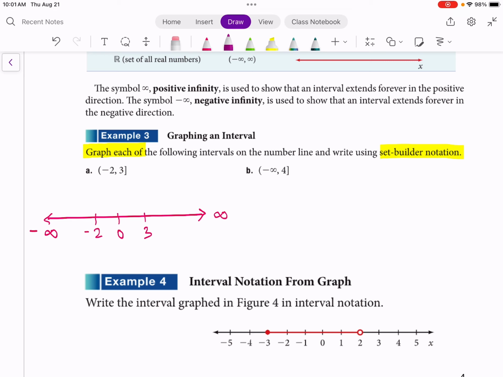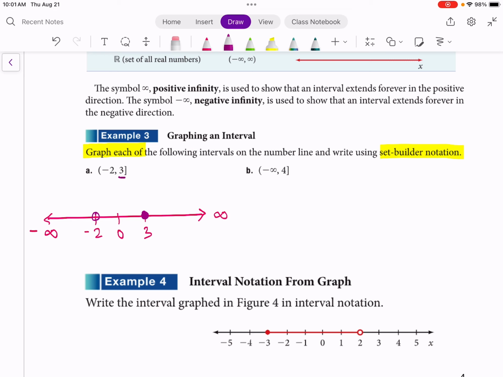And how do we represent that? By using an open circle at negative 2. Along with 3 we have a bracket, so it means we are including 3 in our set, and we represent that by using a closed circle.